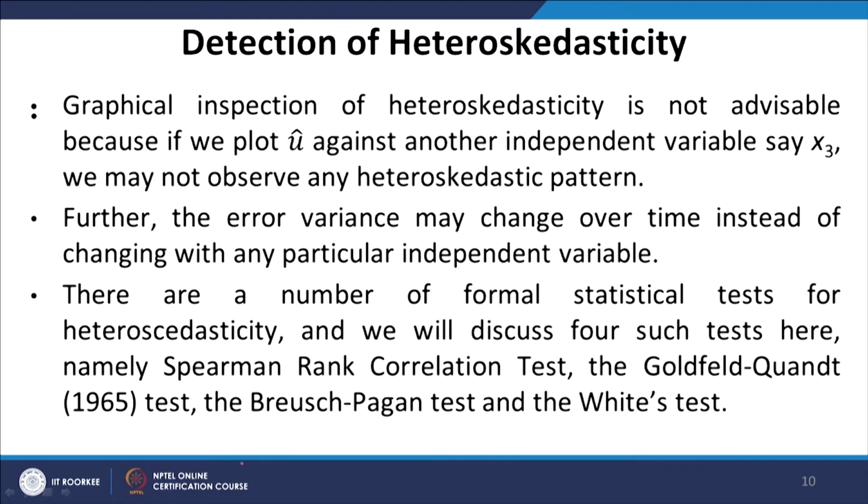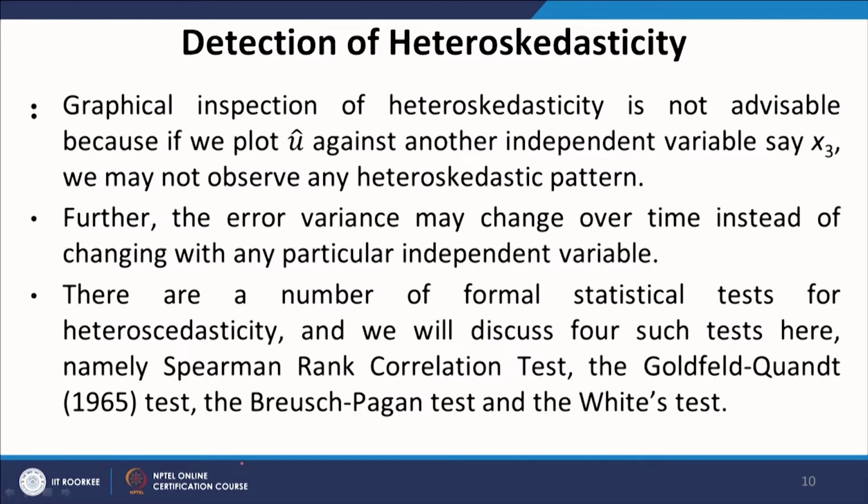So, we have to individually plot the residuals against each and every independent variable, and then some may show up some kind of typical pattern in the dispersion of the residual terms from their mean. Further, the error variance may change over time instead of changing with any particular independent variable. So, with any independent variable we may not observe any typical pattern, but the error variances are increasing over time.